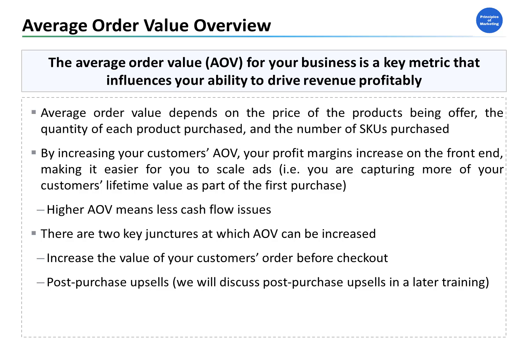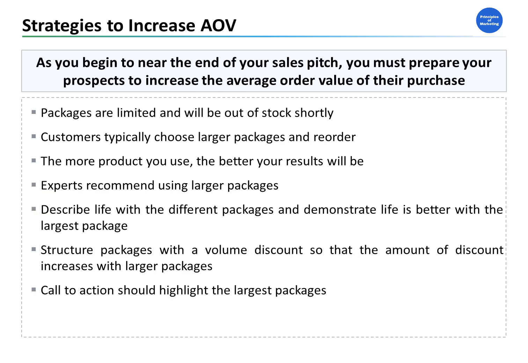We'll discuss post-purchase upsells in a later training. This training is more about focusing on how to increase the AOV on the sales page in your long form copy before the customer actually checks out. So let's discuss exactly how you increase your AOV.